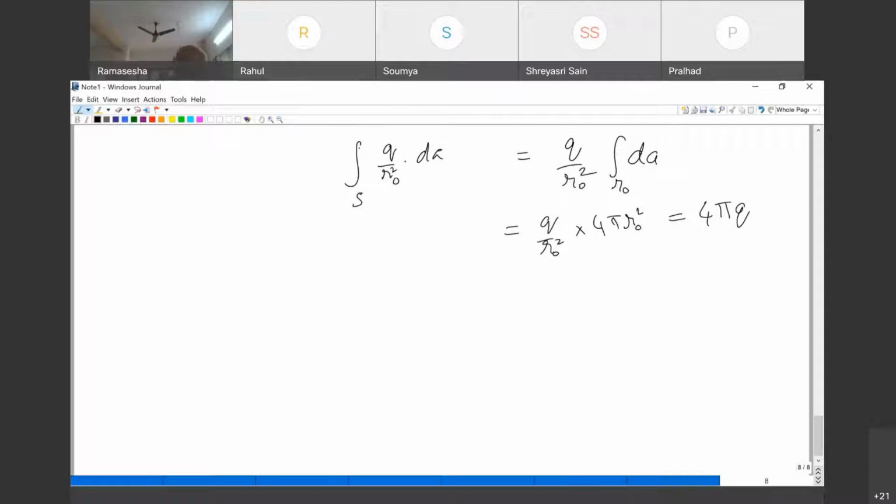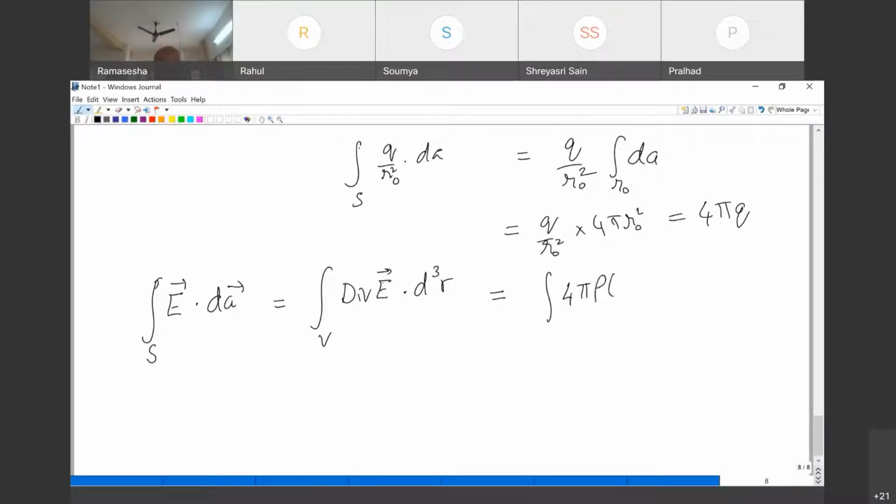So what we have is the integral of E dot dA over a surface is equal to the integral of divergence E dV, or d cubed r. The volume integral is always d cubed r, dx dy dz, over this volume element which is enclosed by the surface, and that's equal to the integral of 4 pi rho d cubed r.